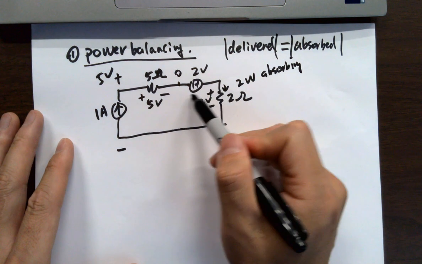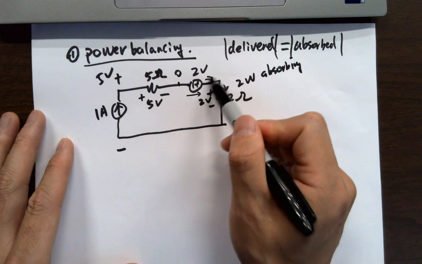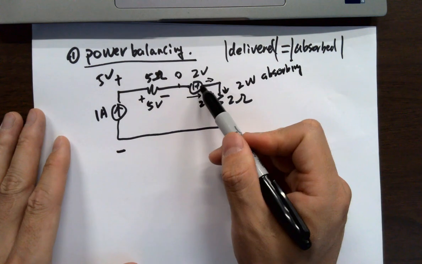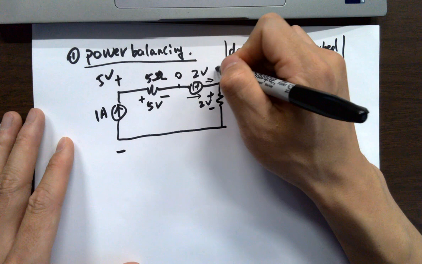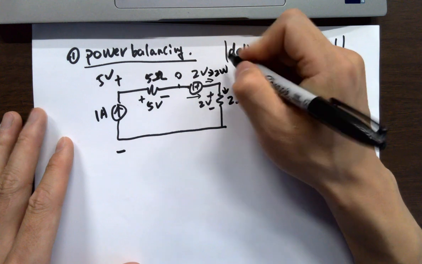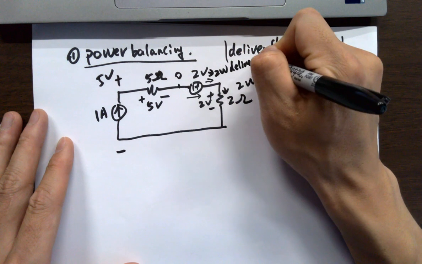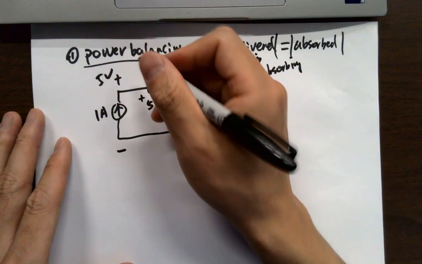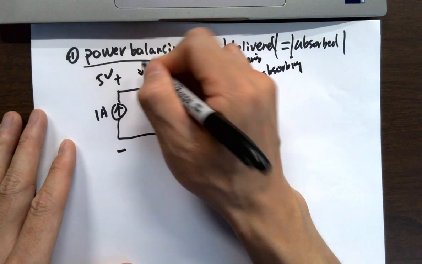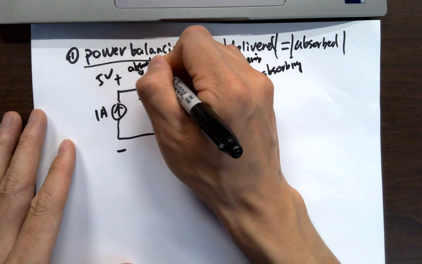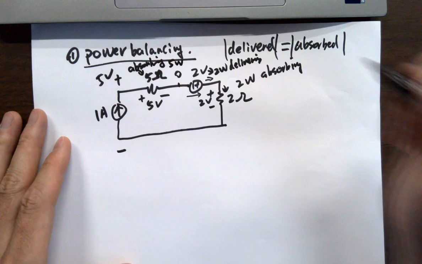What about this guy? Delivering, because it's flowing out of the anode. This guy absorbing 5 watts.